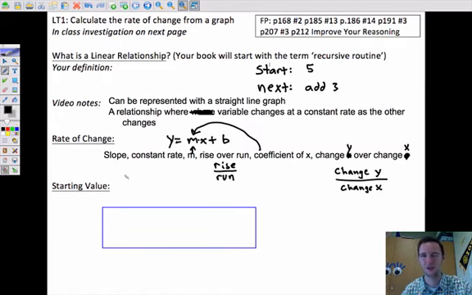Basically I would get $2 no matter what, but then I would get an additional 5 cents for every stick that I picked up. So this 5 cents is the rate of change.